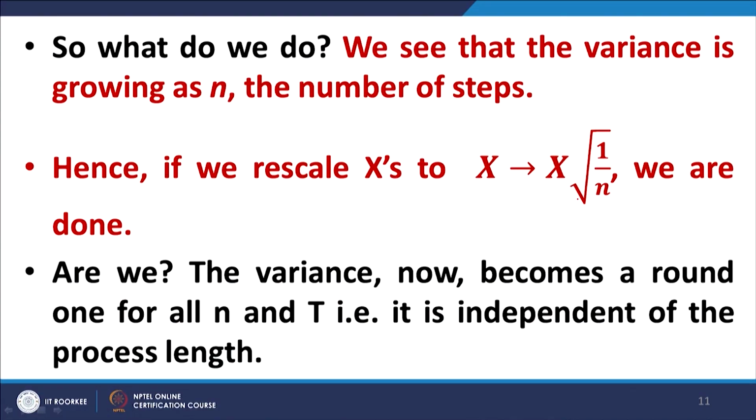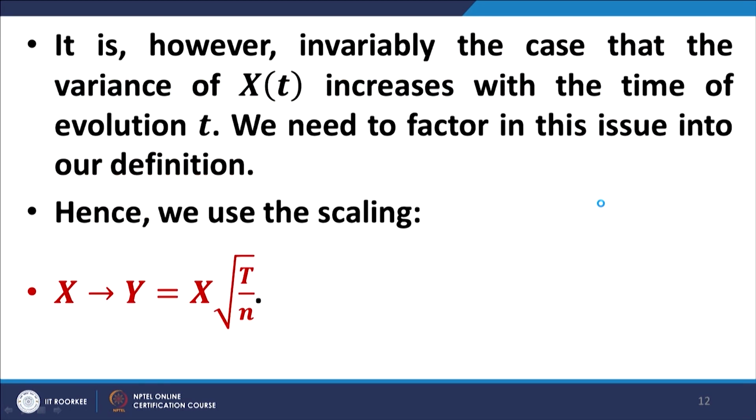To incorporate that, we make a slight modification to our program of rescaling. Instead of rescaling x to x into under root 1 upon n, I introduce a factor of t here. How do I do it? I do scaling in this form. I move from x to y and write y as under root t upon n.